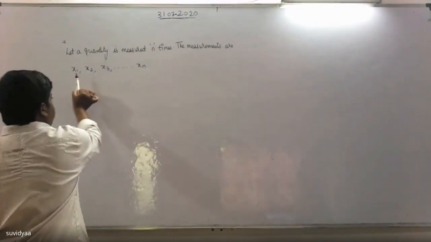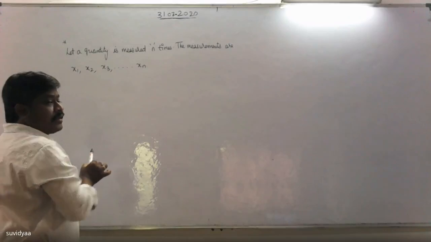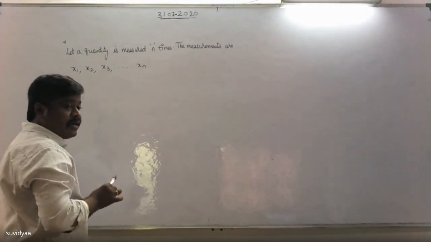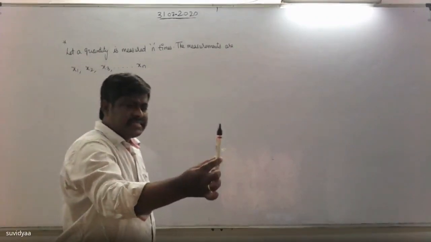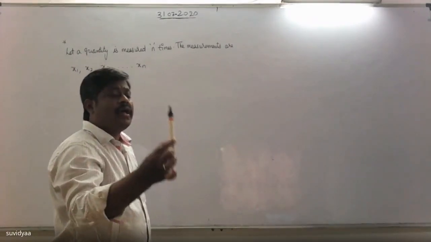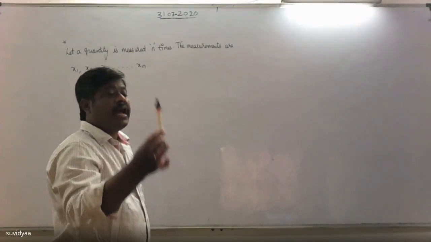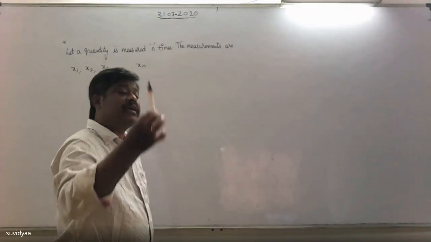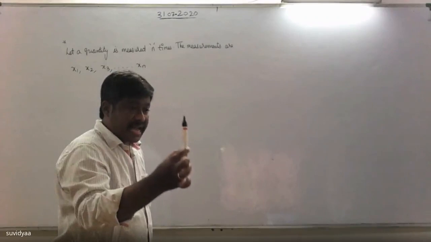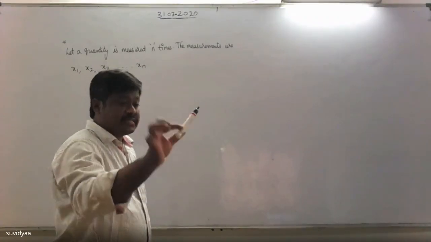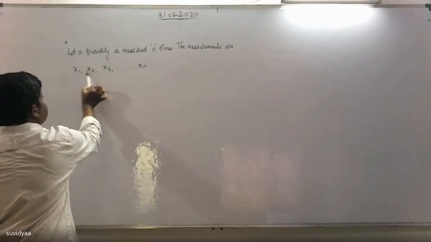I got like this: x1 first reading, x2 second reading, x3 third reading, like that. If I measure n times, these are the readings we get.